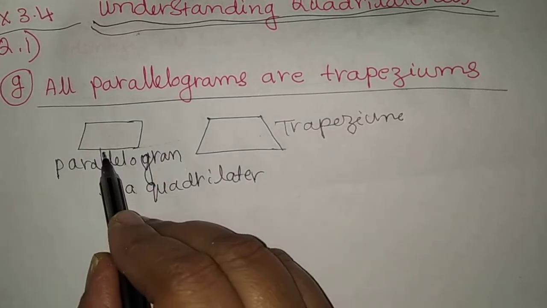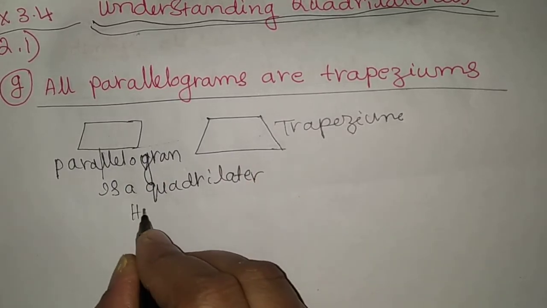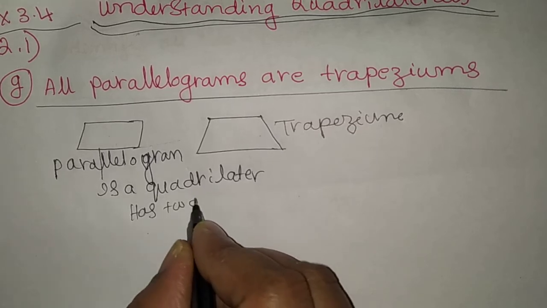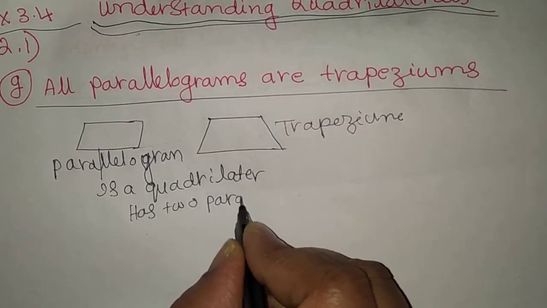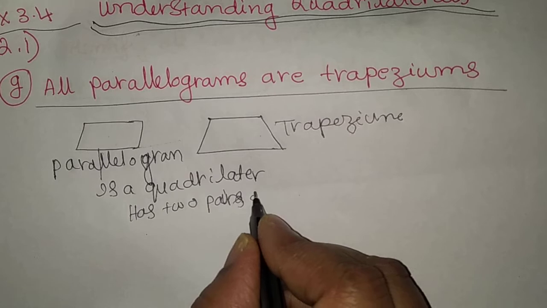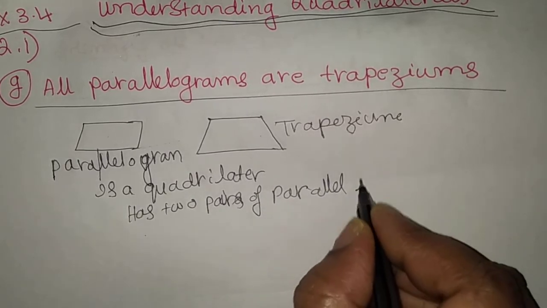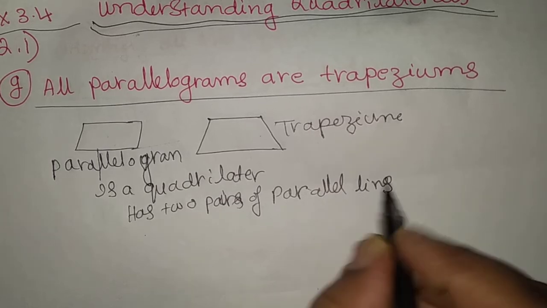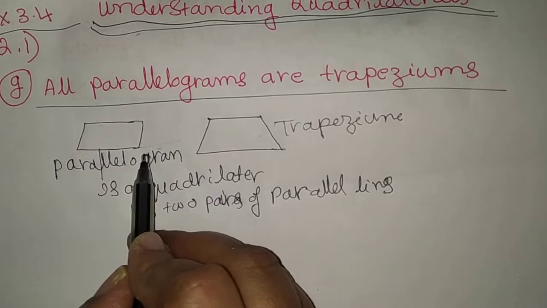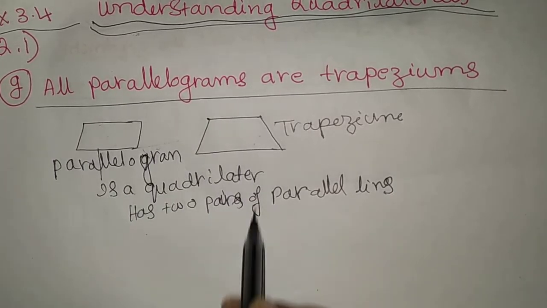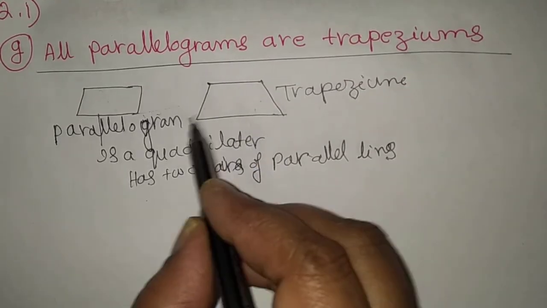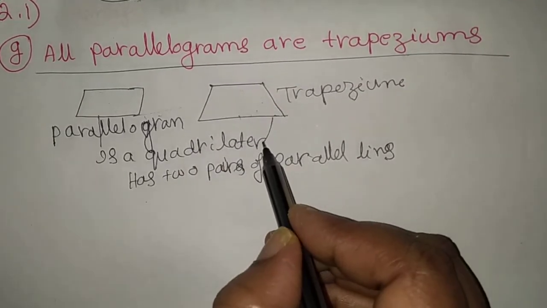It has two pairs of parallel lines. So opposite angles are equal. Then this one is also a quadrilateral.